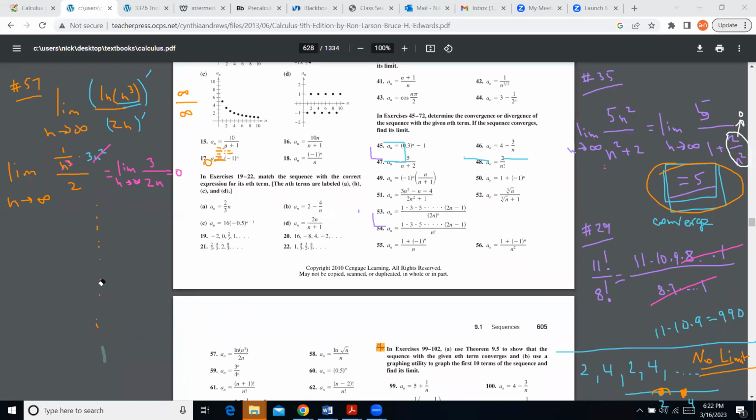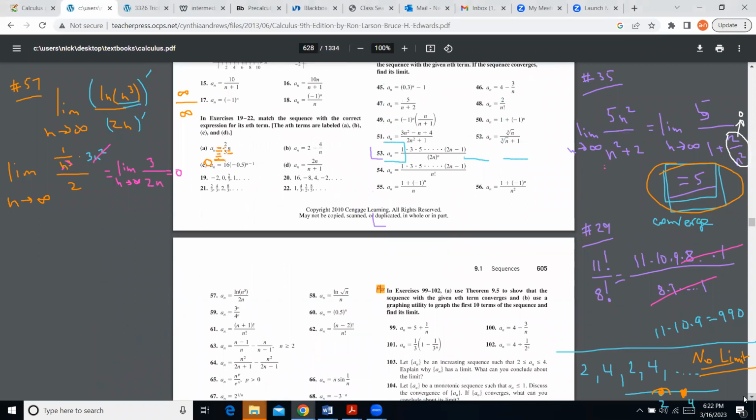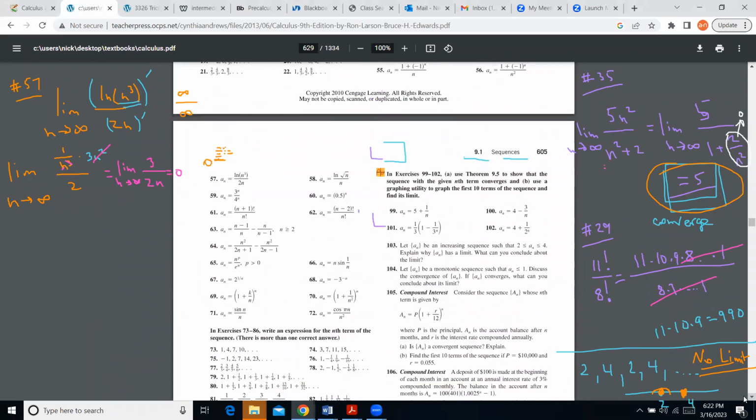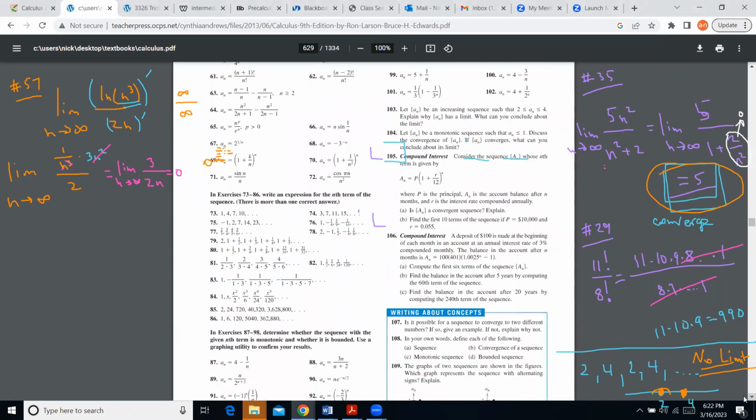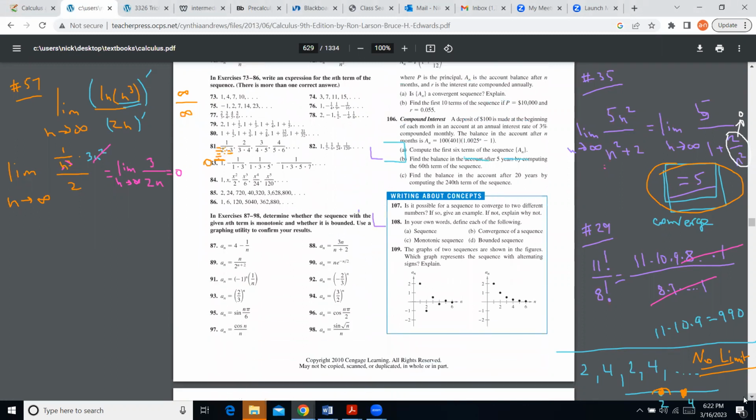So again, we already had so many ways to deal with limits that I'm sure this is something you're going to enjoy. In the next section, we get to work more with those sequences.